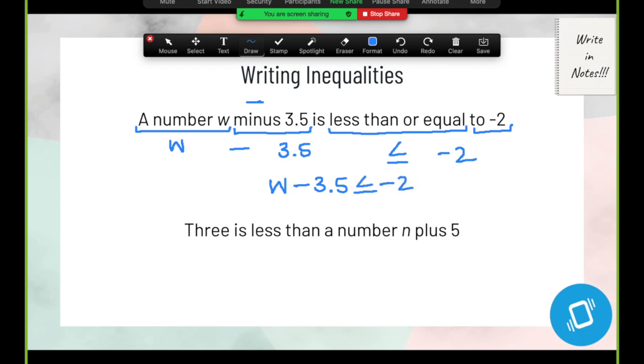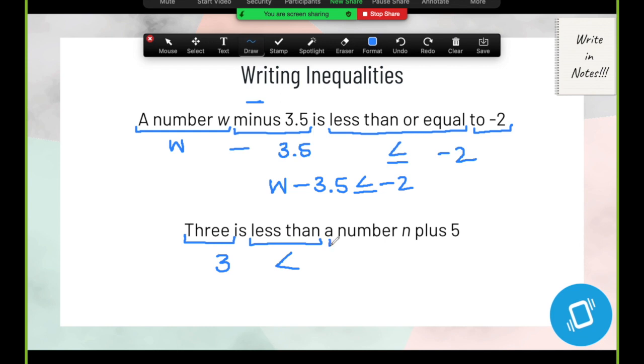Over here we have 3 is less than n plus 5. I know that in the key table, less than means that I have this symbol. It doesn't have that equal sign there because it doesn't say less than or equal to, it just says less than. And then I see here that there is 3 is, so that means that I have a 3 in there.